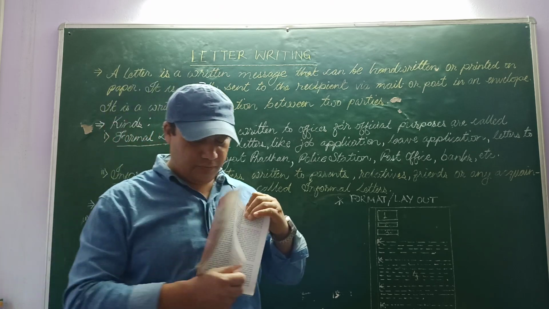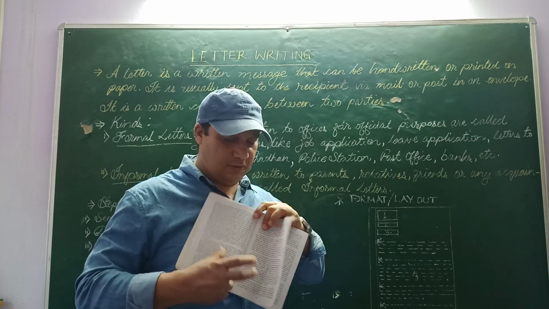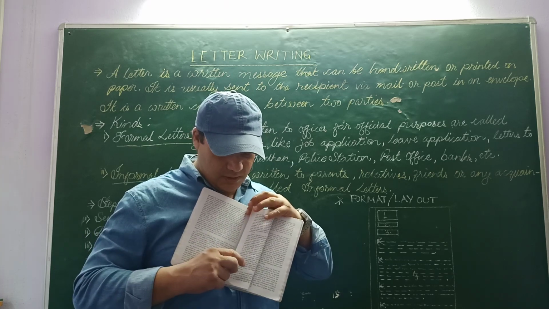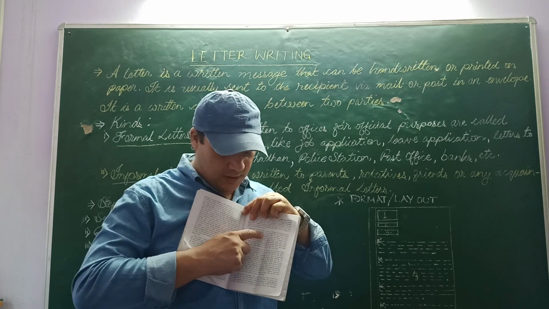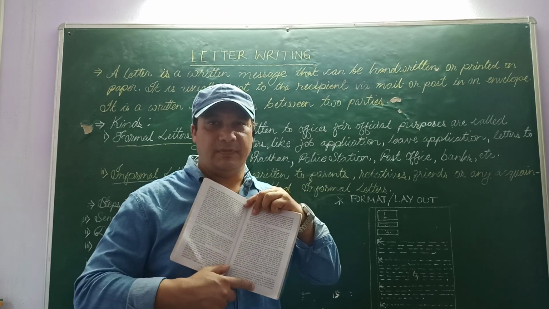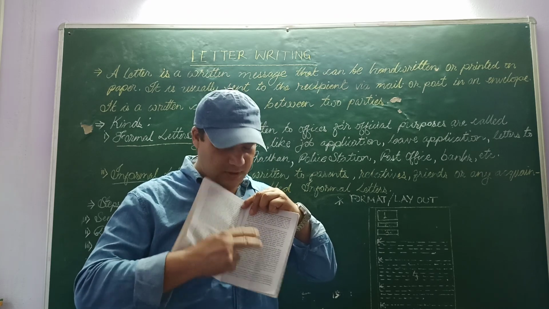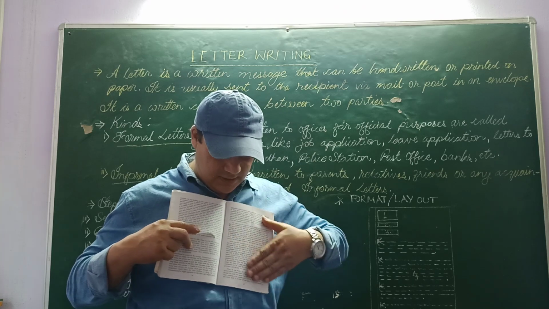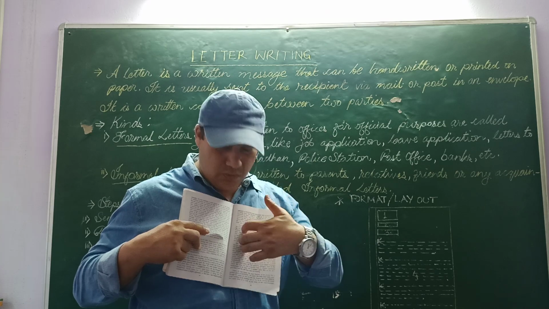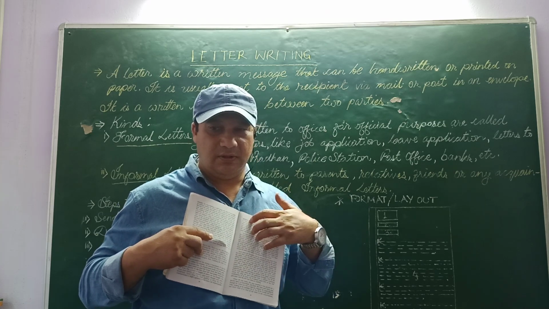Now this is what you need to do. When you sit to write a letter, try to fold the paper into two equal halves. Now you get an imaginary margin. This is a center margin, we call it center margin. Now here you do not need to draw the line or draw the margin, right? It is a guideline for you. This margin is a guideline for you to know how to place the steps on the page.